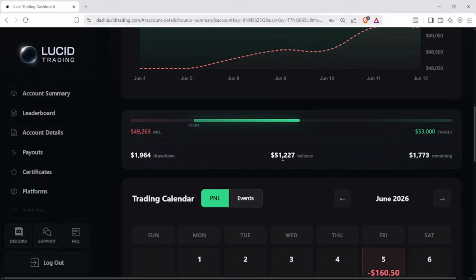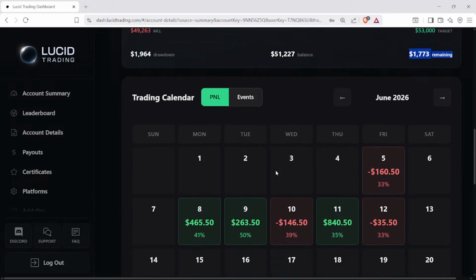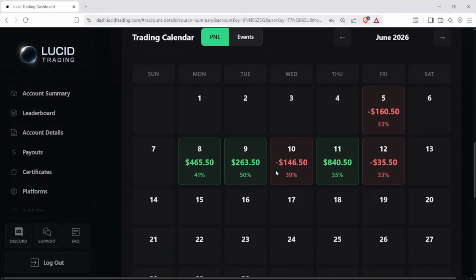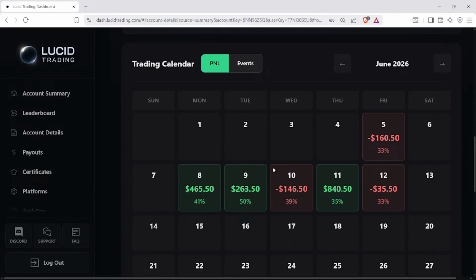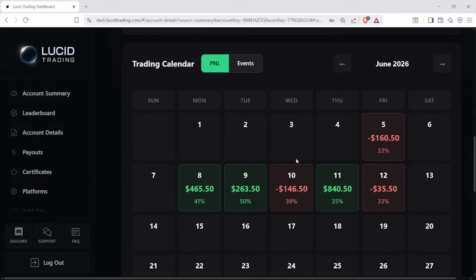All right. So this is the balance. This is the remaining that I need to make. So here we go. This is my trading calendar. I started this account 7 days ago. I had 6 days of trading, and this is the 13th.